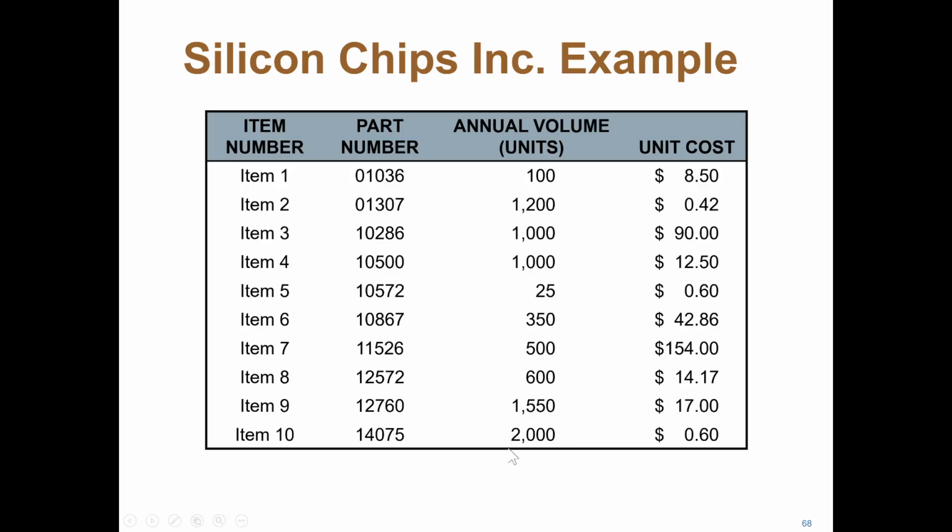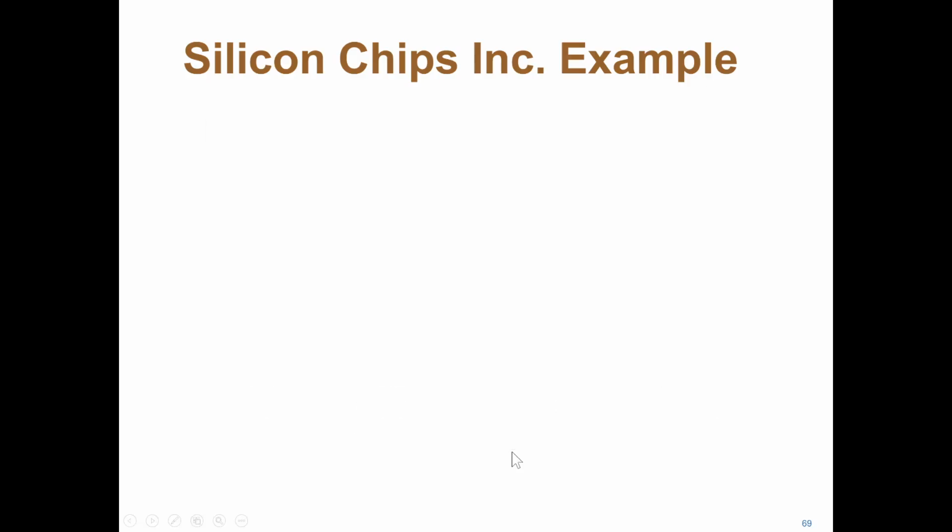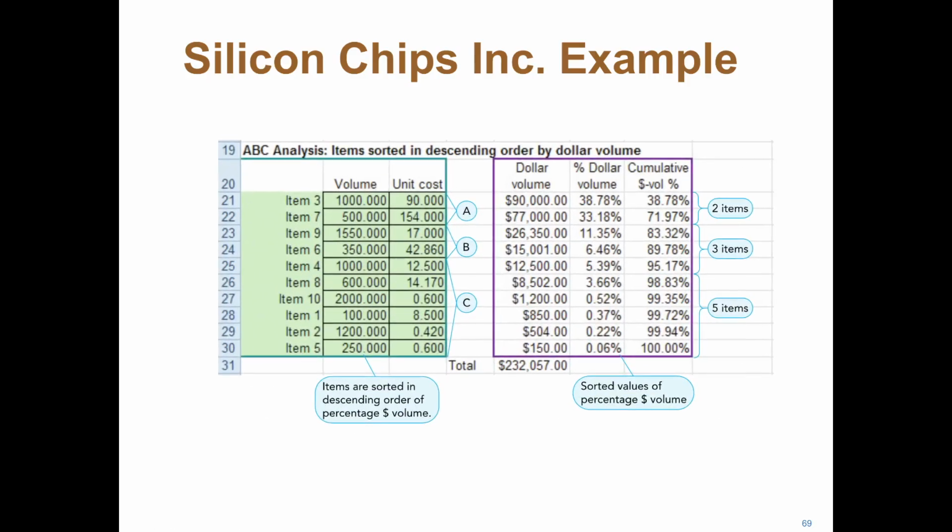So let's see how we can group these items using a rule of thumb. Items 3 and 7 are expensive, and the dollar value is 90,000 and 77,000 for these items.